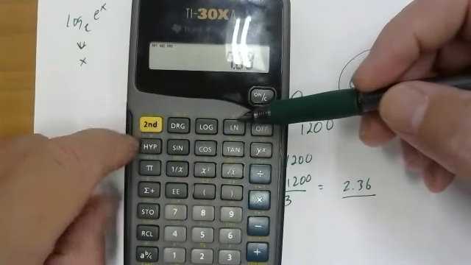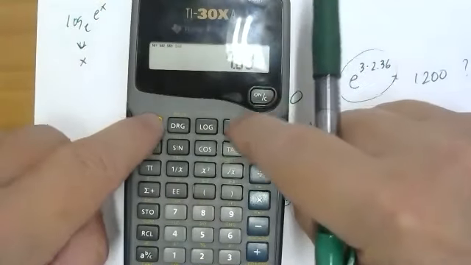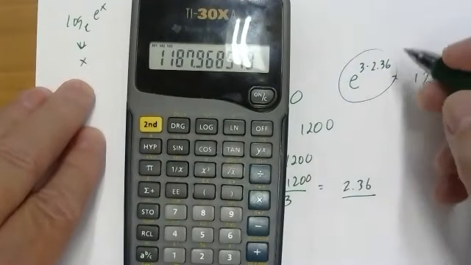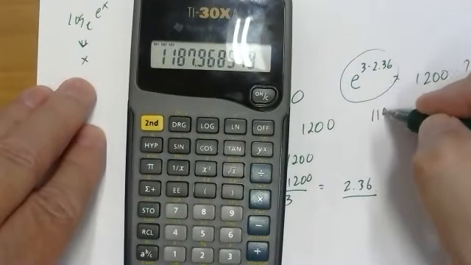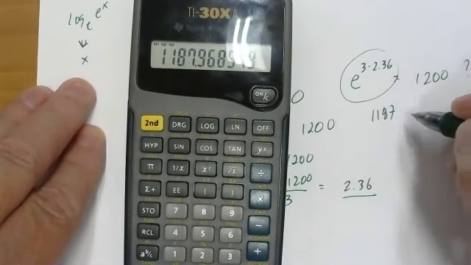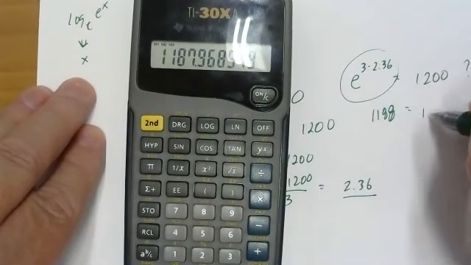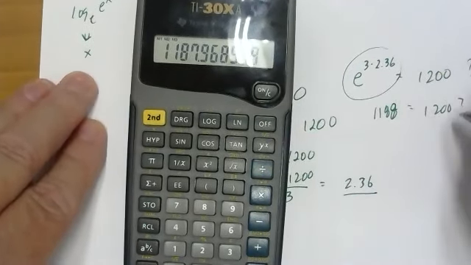So I've got to hit this little second key to activate this. If I do this and this, then it equals. Now here's what's interesting. It's 1187, really 1188. And it's like, wow, that's not the same number.